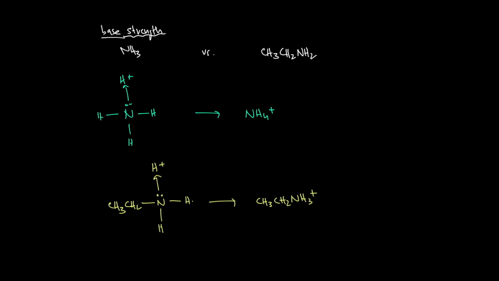Now, this is a stronger base than ammonia because of the electron donating effect of the alkyl group. Because of the electron donating effect of the alkyl group, you have an increase in electron density on the nitrogen atom, making it more likely to donate its pair of electrons and form a dative bond with an H plus.